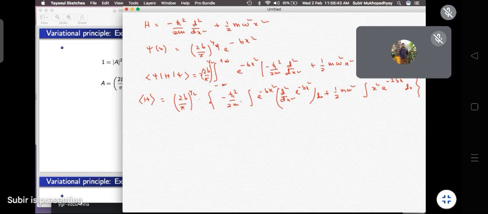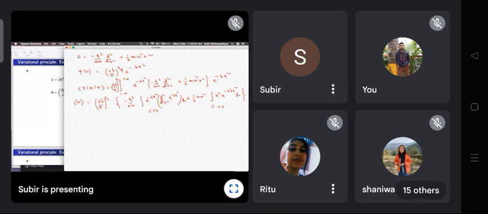Here we can do a bypass. Let's first consider this one, and call it T: minus h bar square by 2m, e to the power minus bx square, d2 dx square. We can do integration by parts and transfer one of the d/dx onto the first function.